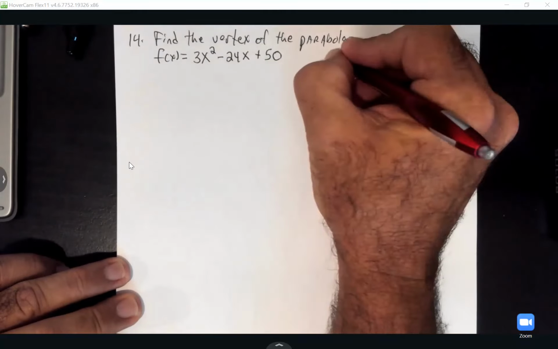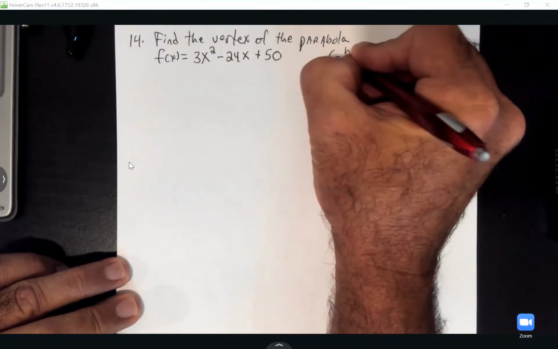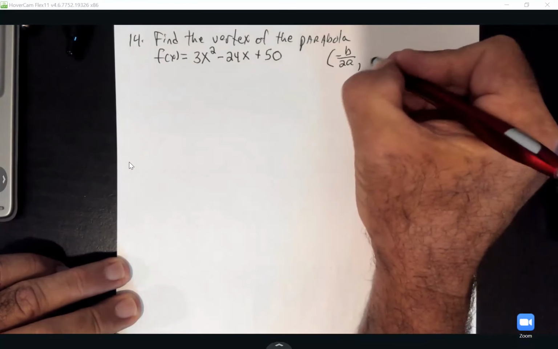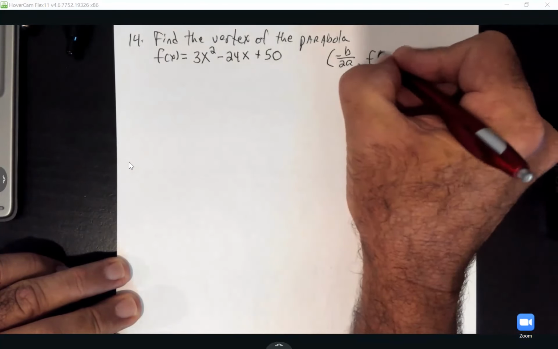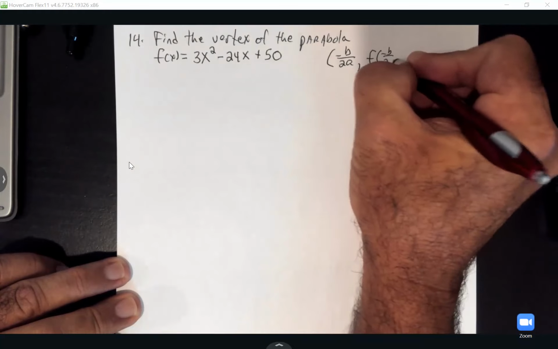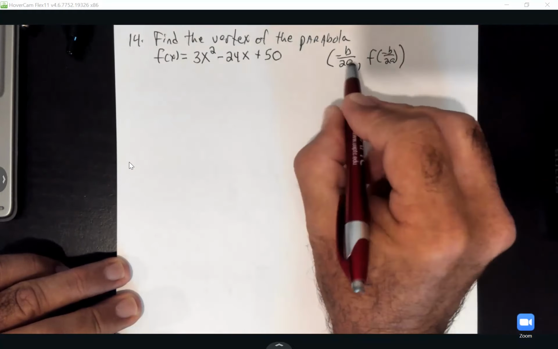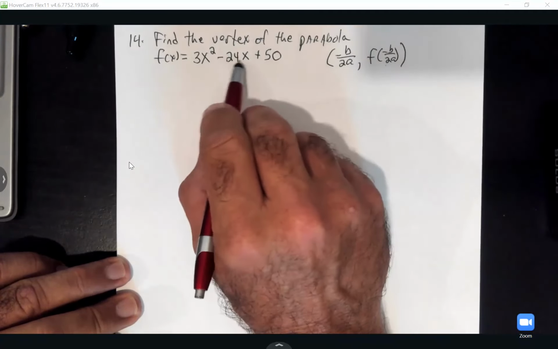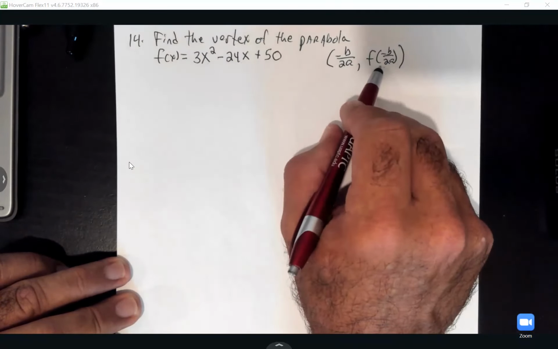So y'all remember that vertex formula was -b divided by 2a. That's how you get the x coordinate. And then you find f of -b over 2a. So you find your x coordinate, and then what this means is that you plug it into the function to get the y coordinate.